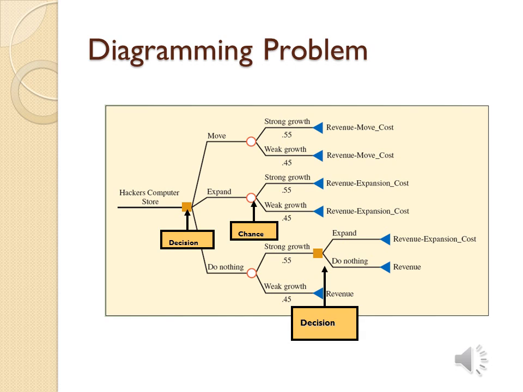Strong growth is 55%, meaning weak growth would be 45%, and those repeat at each of those branches from move, expand, or do nothing. Notice that those final values that we get at the end of all the branches are found by taking our revenue and subtracting the moving cost from them. So we have those in our previous table, but if you weren't sure where those were coming from, that's how we generated them.